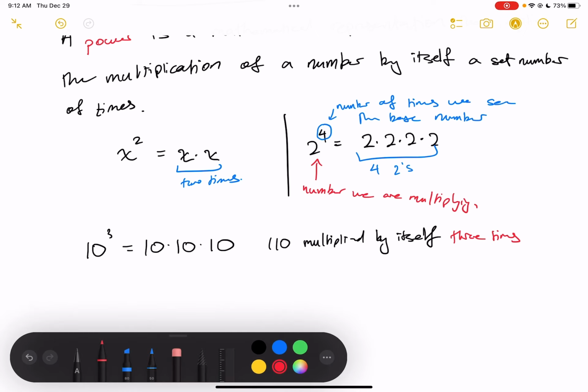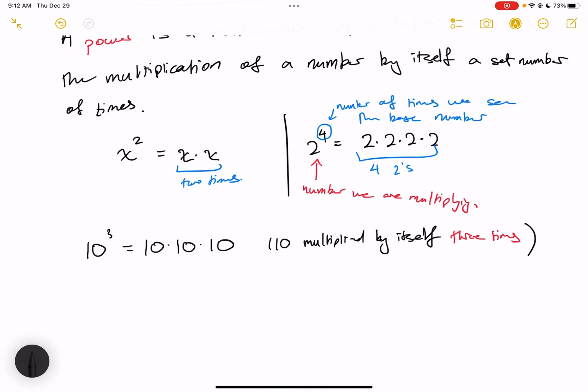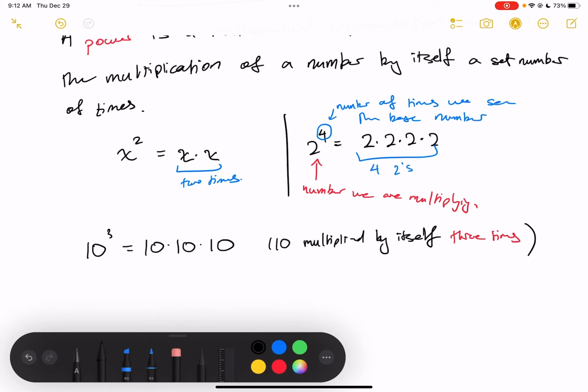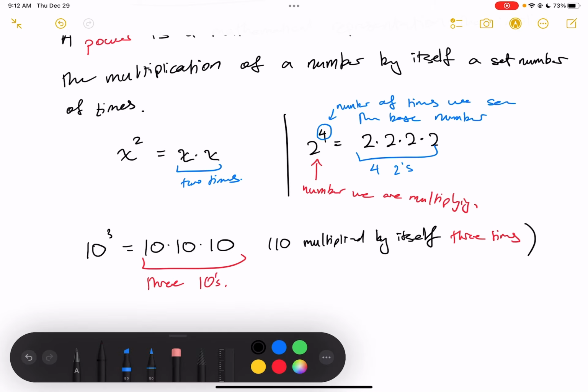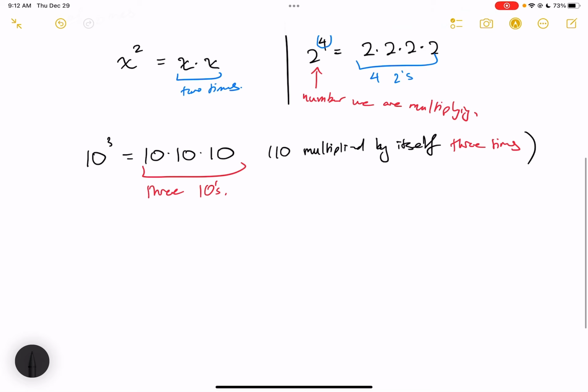Even though technically we only have 2 multiplication signs, we denote it this way because there are 3 10s. Might be easier to write it that way. So 3 10s. Similarly, if we were to write 3 to the power of 6, it'd be 3 times 3 times 3 times 3 times 3 times 3 for a total of 6 3s.